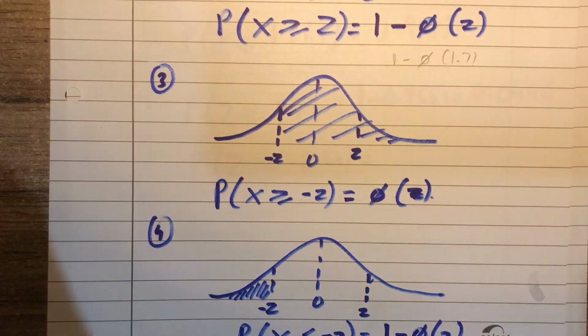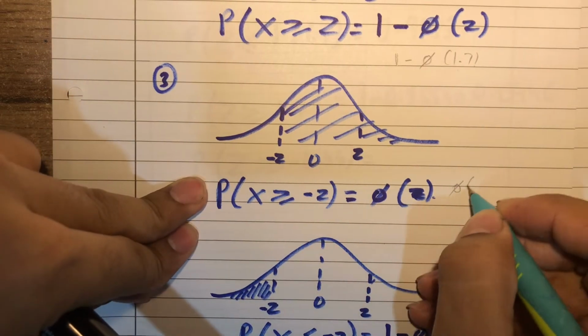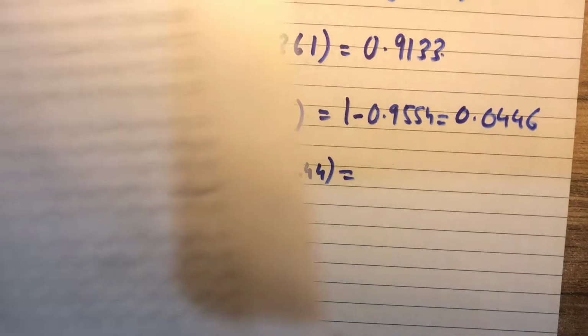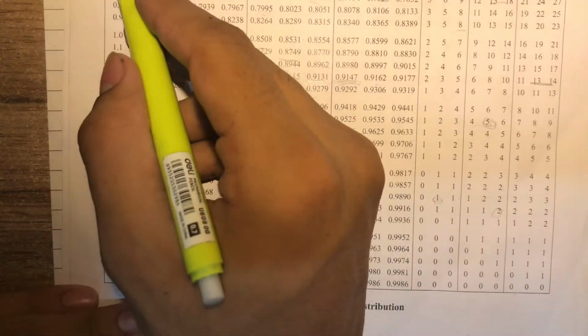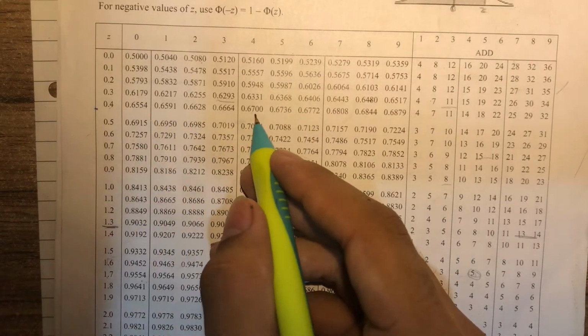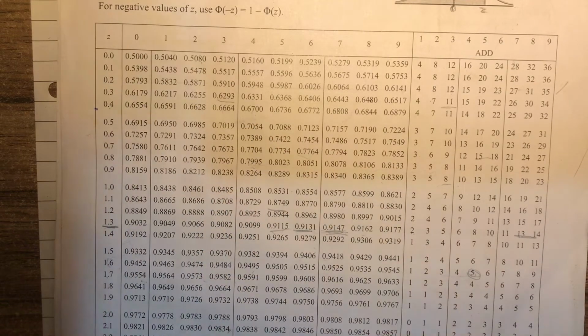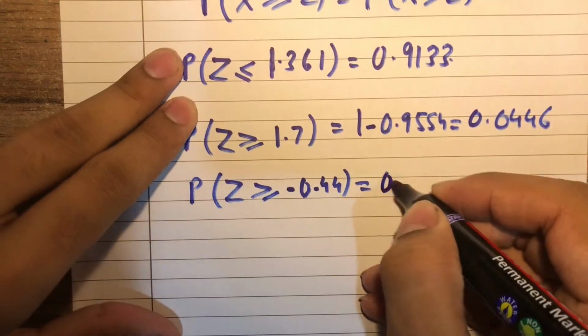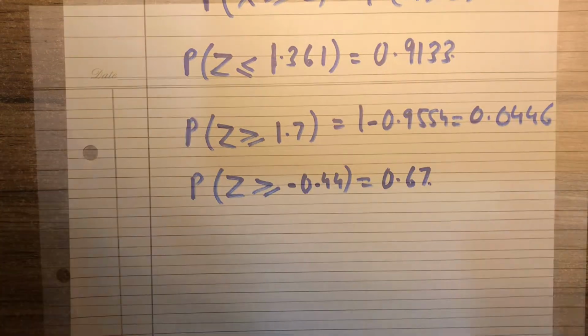So we need to find phi of 0.44. So 0.4 is here and then 0.44. So 0.440, we'll just stop over here. 0.4 and 4, so 0.44, 0.67. Those were the standard normal distribution curves.